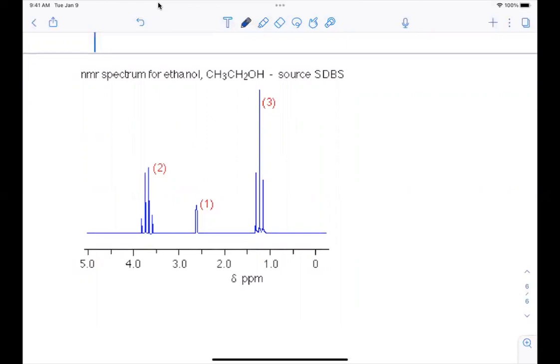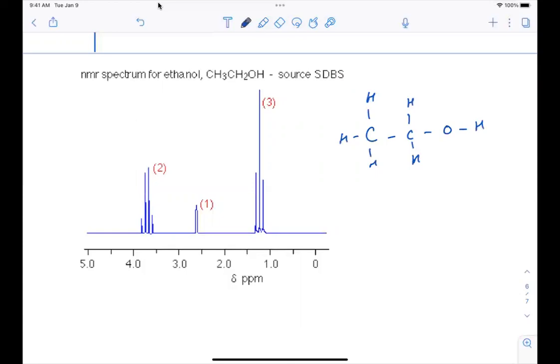It has 4 peaks, 2 short, and then 2 taller in the middle, and then 1 peak, and then 2 short with 1 tall in the middle here. So ethanol looks like this: CH3, CH2, OH.